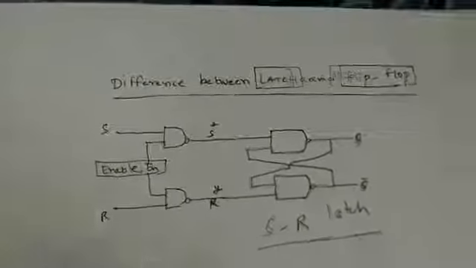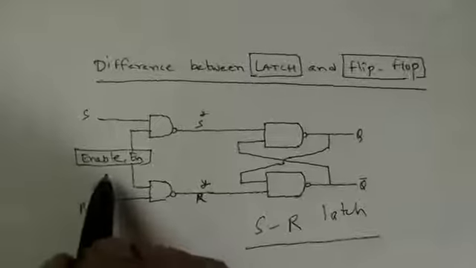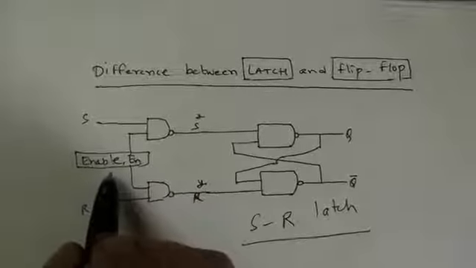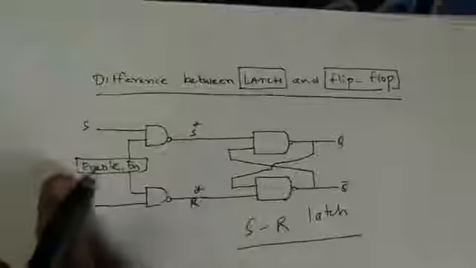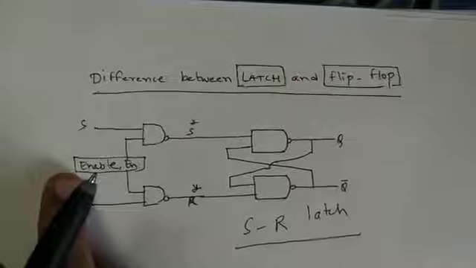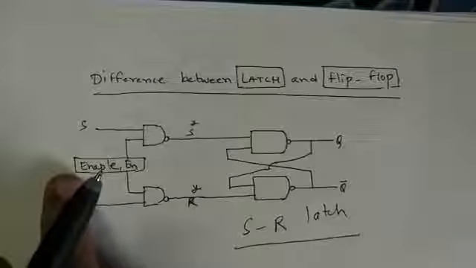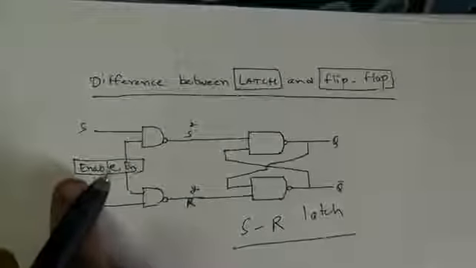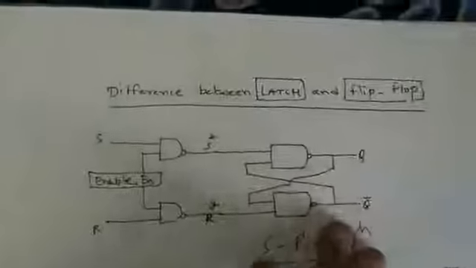The main difference lies in the way we make use of this control input. When we talk about the latch, presently we have given the enable input as a control function. So at this particular instant, when we have the enable input, this circuit will operate as a latch.